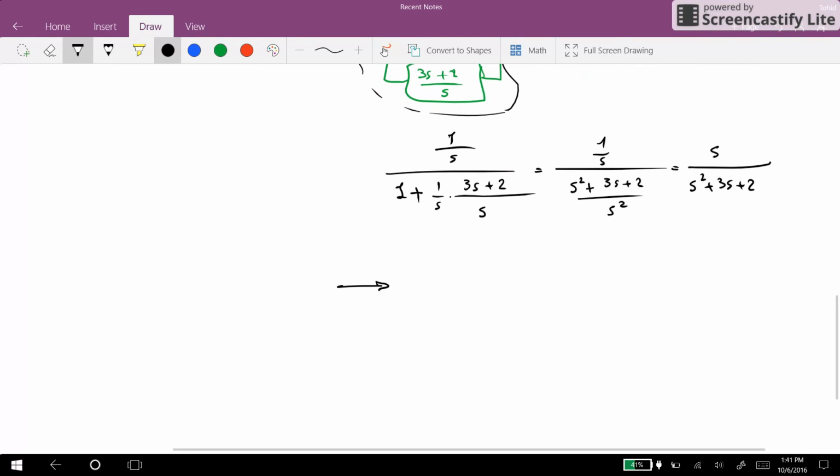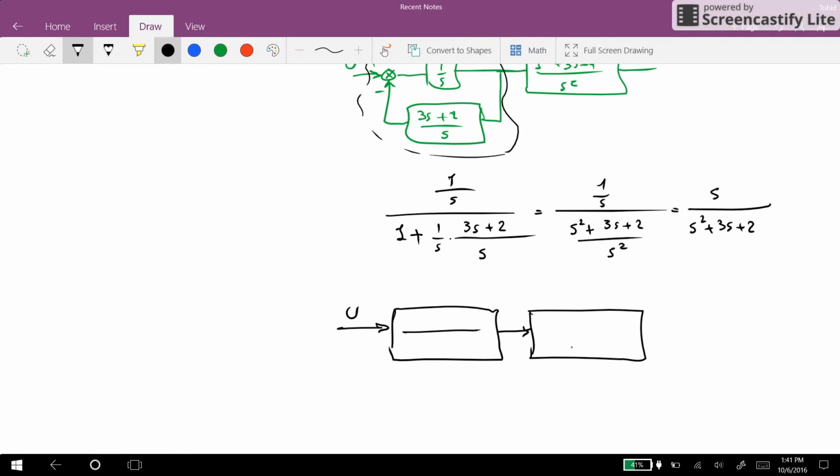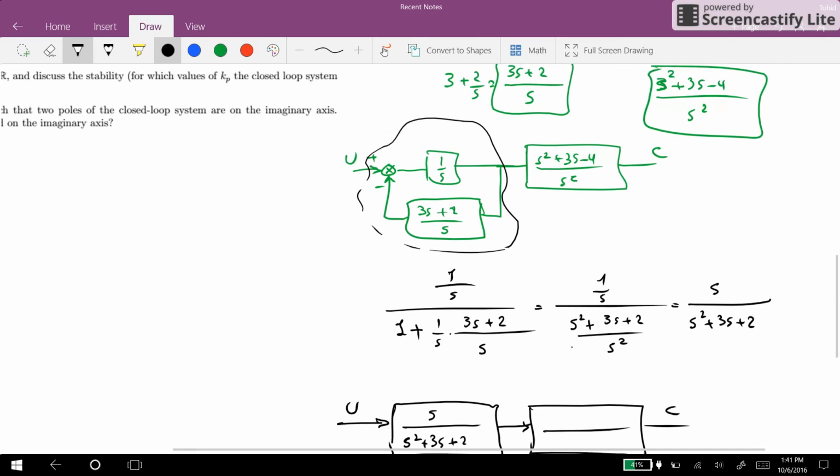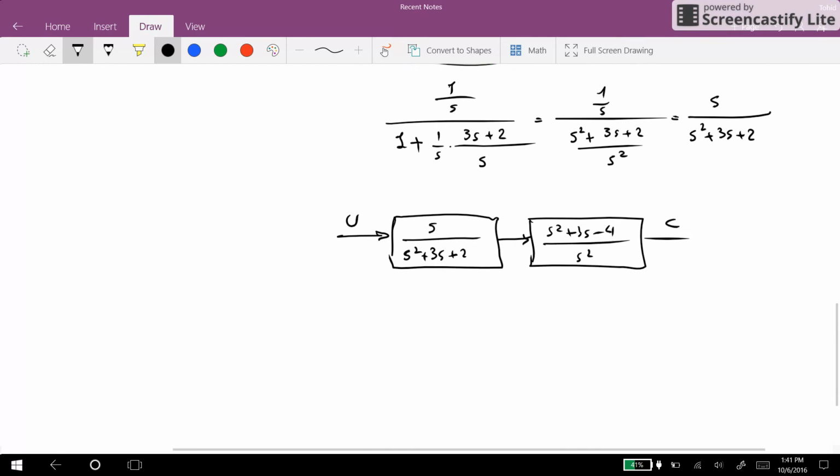Therefore, from U towards the output of the process, we have two transfer functions in series with each other: S over S squared plus 3S plus 2 and S squared plus 3S minus 4 over S squared.